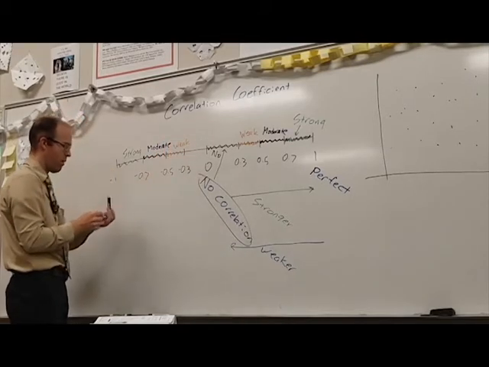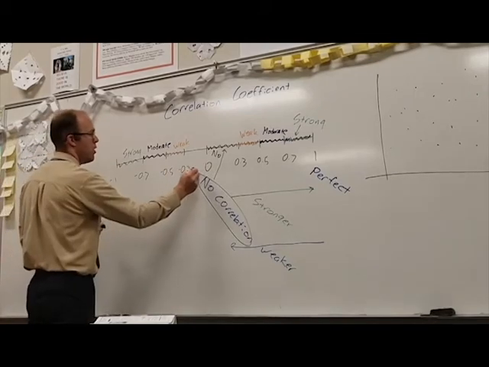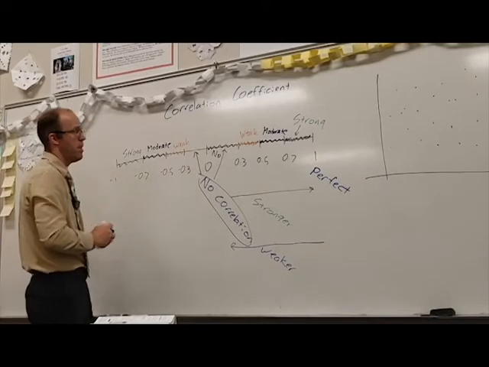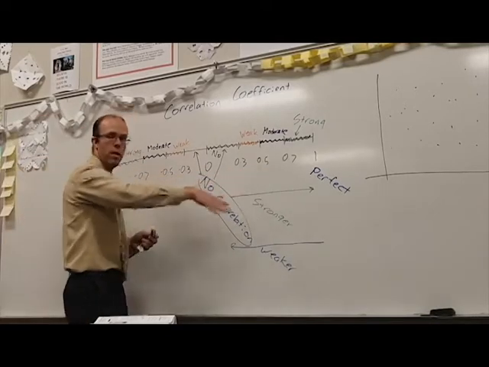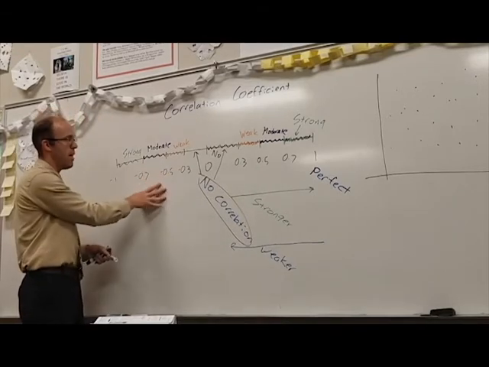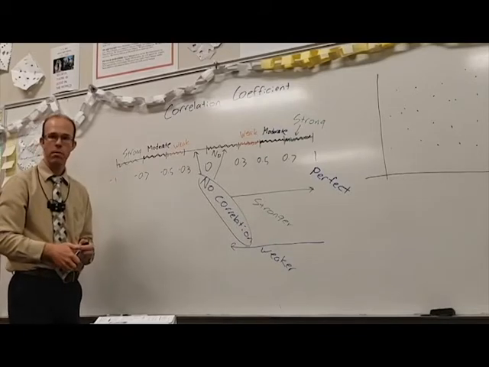And from 0 to -0.3 is again going to be no correlation. All right, the difference between the positive and negative is that if it has a positive correlation, there's a positive slope to the line of best fit. And if it has a negative correlation, there is a negative slope to our scatter plot or our lines of best fit.